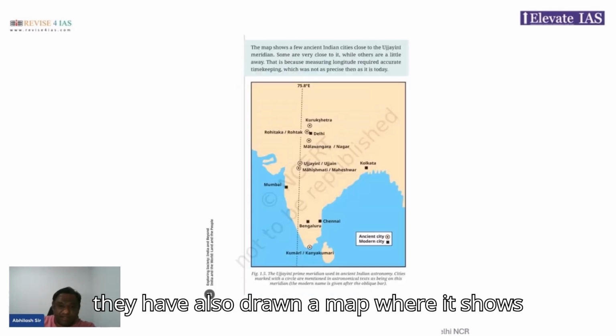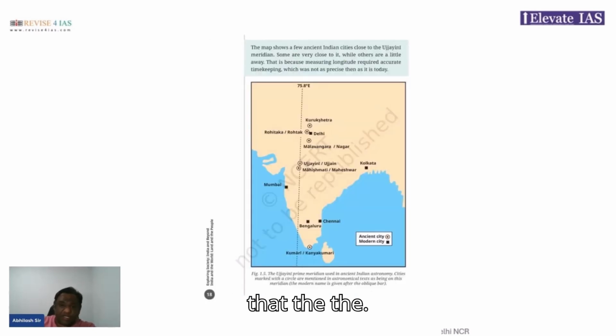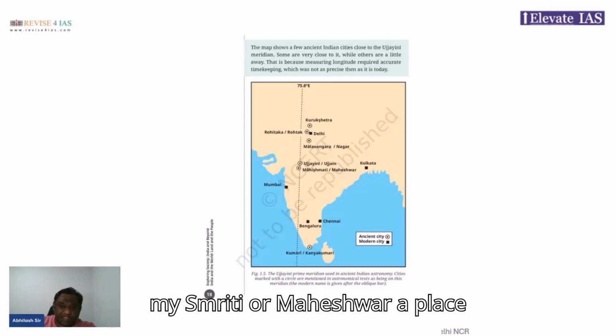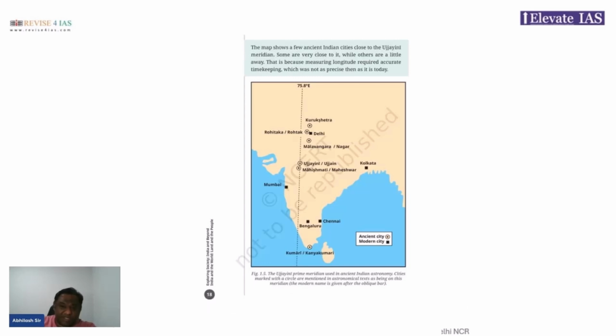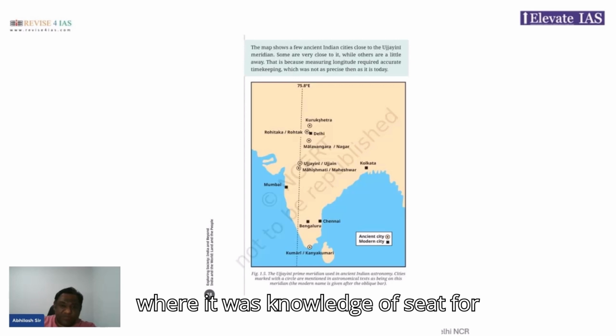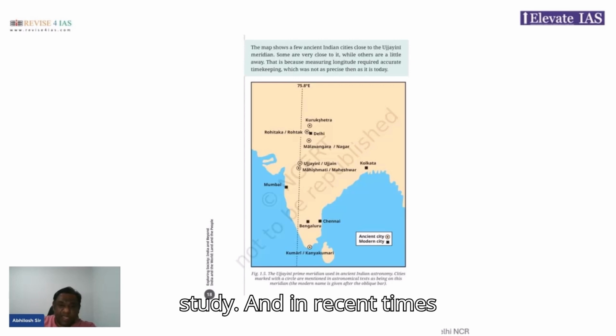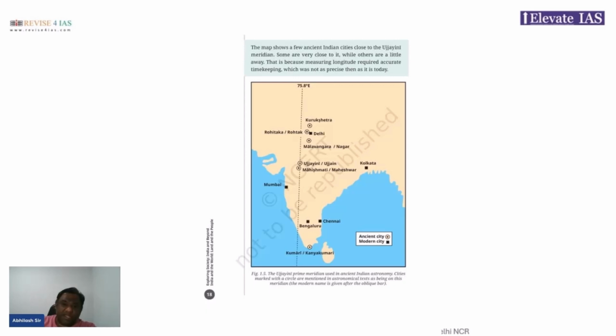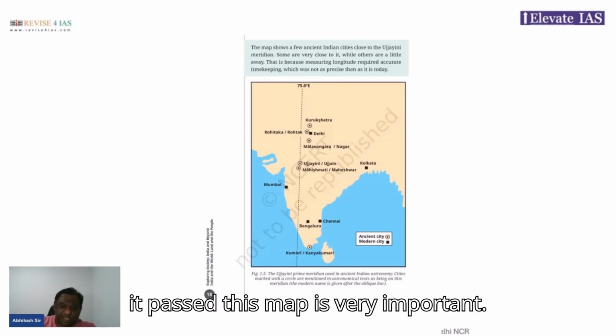They also drew a map showing that Ujjaini was at the 75-degree meridian east, passing through Ujjaini and Mahesmati or Maheshwar, a place which was a seat of knowledge for study. In recent times, Rohtak would be the nearest location where it passed. So this map is very important.